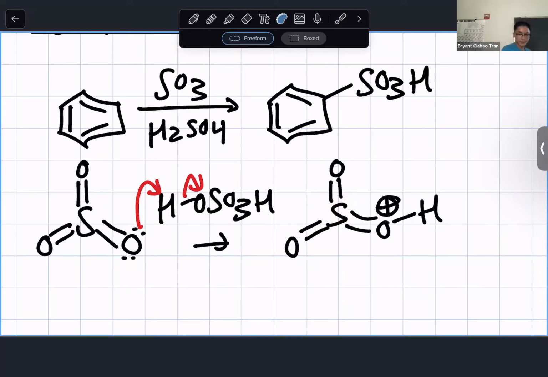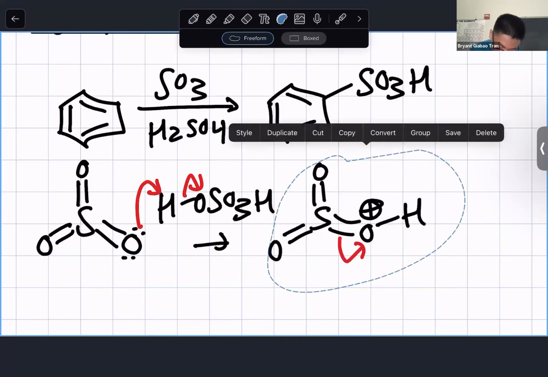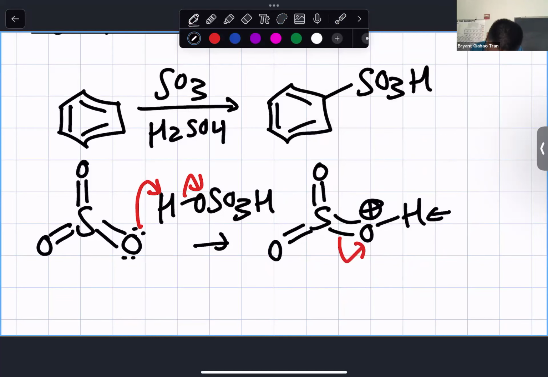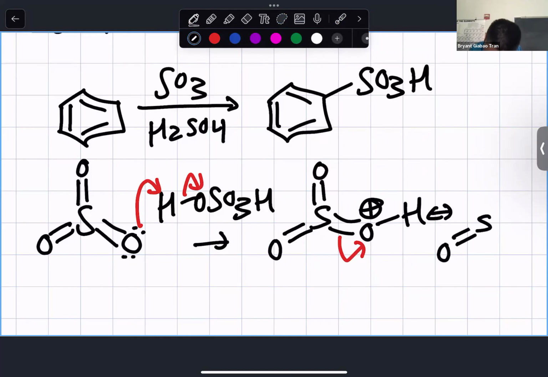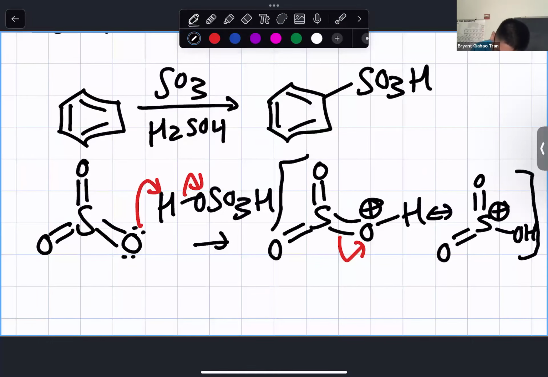And the reason why is because, let me just draw out the resonance structure to explain why this sulfur here is the electrophile. Because if I draw its resonance structure like that, which one of these resonance structures is major and which one is minor?